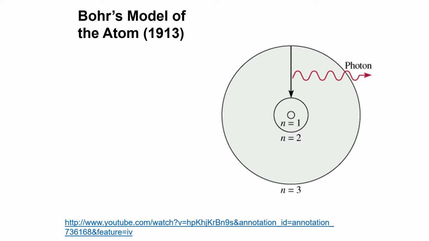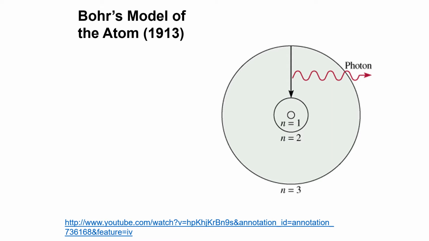This in turn led physicists to find the Lyman, Paschen, and Brackett series shown on the next slide. Bohr used Rydberg's equation to determine the energy associated with the hydrogen atom.